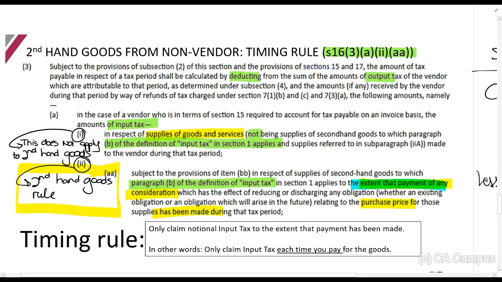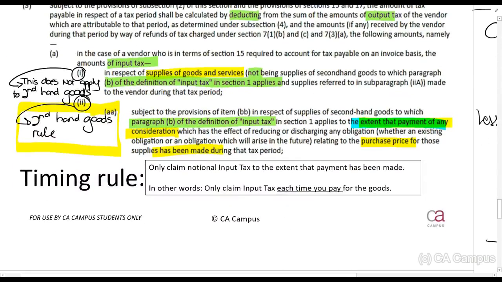So in other words, can you remember when we started looking at VAT, we said there's two accounting bases. The invoice basis, which says you pay it on the earlier of invoice or payment, and the payments basis, which says only claim VAT or pay VAT when it's paid. It says here, if you buy second-hand goods from a non-vendor, then you can only claim the notional input tax to the extent that payment has been made.